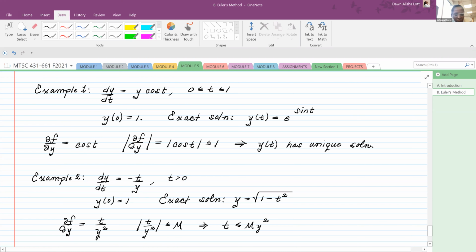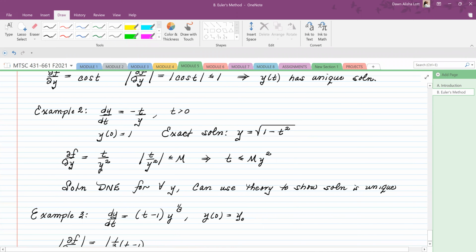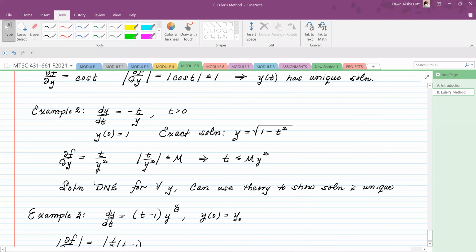In this one, we have the partial of f with respect to y, we'll take the derivative, you get minus t over y squared times minus 1. So that just becomes t over y squared. So when you look at the absolute value and you try to force it to be less than some number m, that means t has to always be less than whatever y squared is. The problem is, look at the actual solution of the problem.